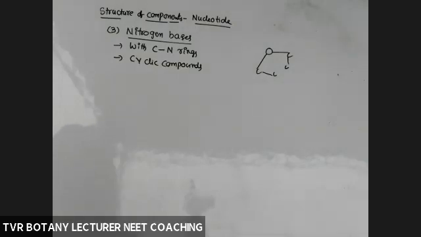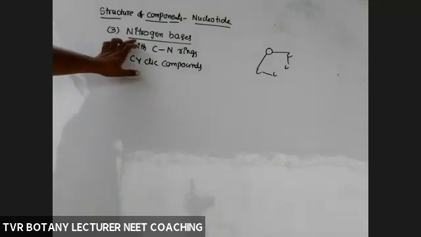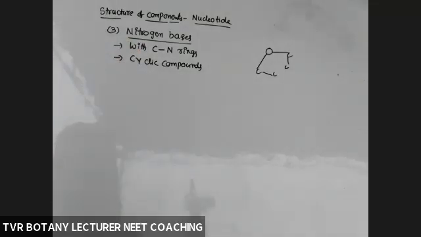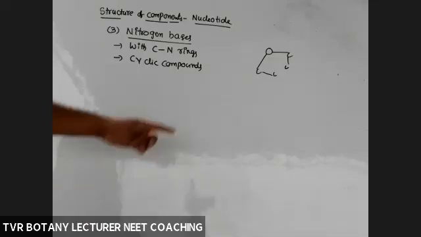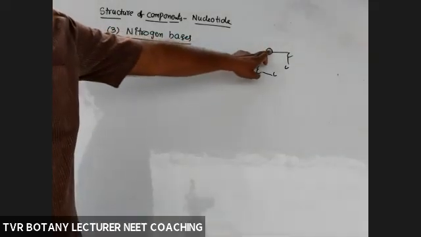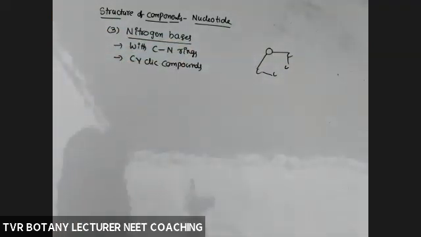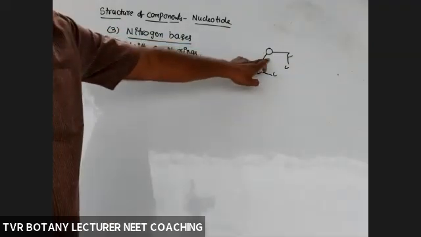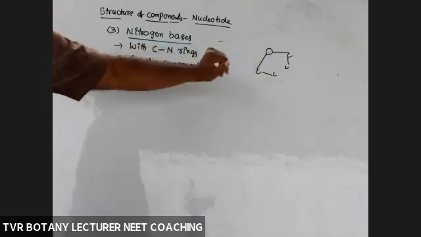So in a nucleotide, phosphate is inorganic. The remaining two, sugar and nitrogen bases, are heterocyclic compounds. Sugar is heterocyclic because oxygen is present in the main skeleton. That is called a furano structure. You don't need that, leave it, it comes in chemistry.